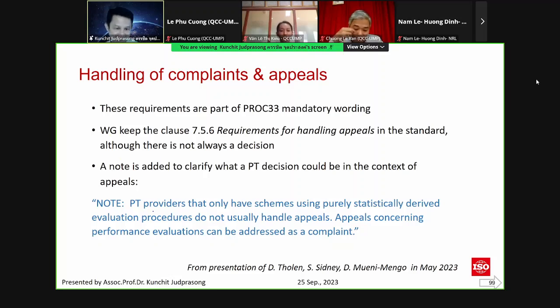The note says PT providers that only have schemes using theory statistics to write the evaluation procedure do not usually handle appeal. Appeal concerning the performance evaluation can be addressed as a complaint. So it's a little bit of terminology, but appeal and complaint are close together.